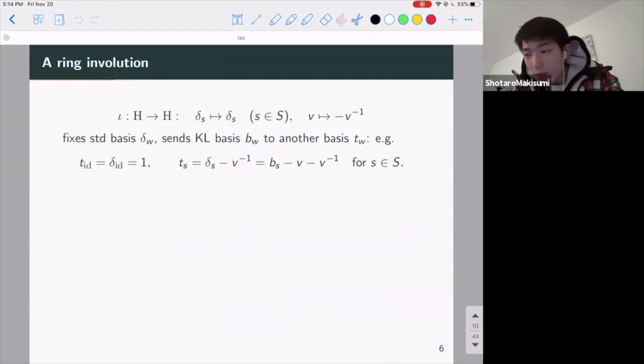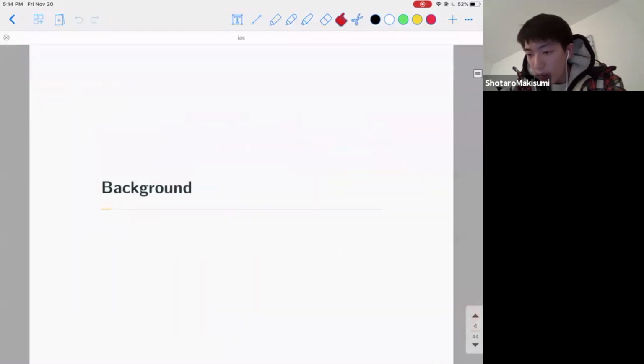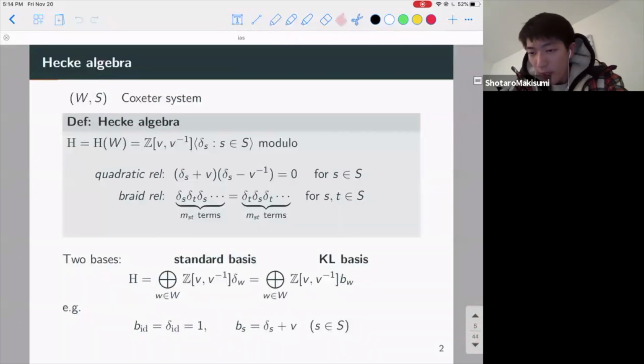So I wanted to tell you about the Koszul duality. And at the Hecke algebra level, this is a ring involution. That's very easy to define by generators and relations. So if you look back for a second to the way that I defined the Hecke algebra, I normalized things so that the quadratic relation had this symmetric looking form.